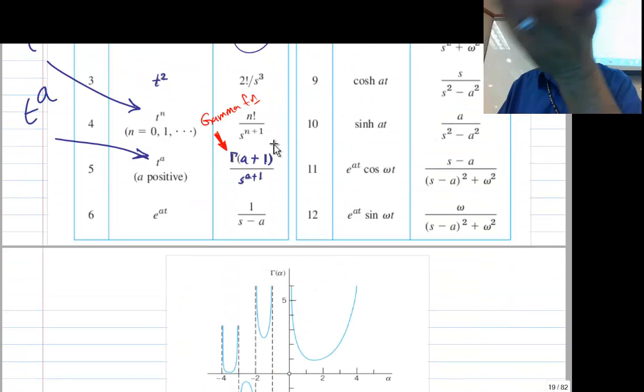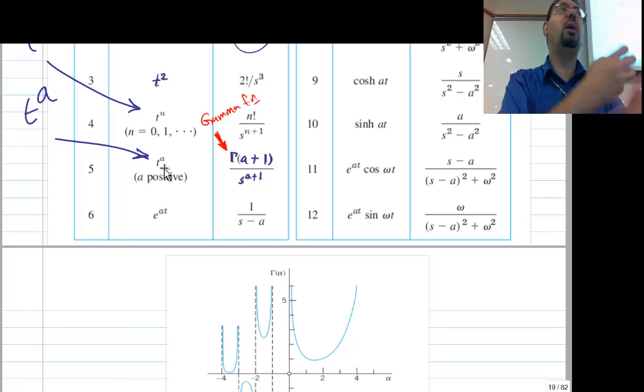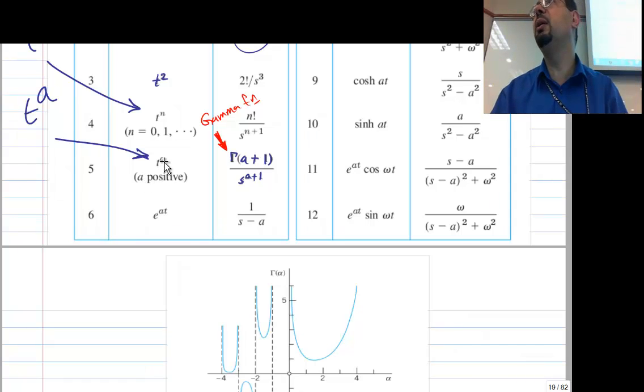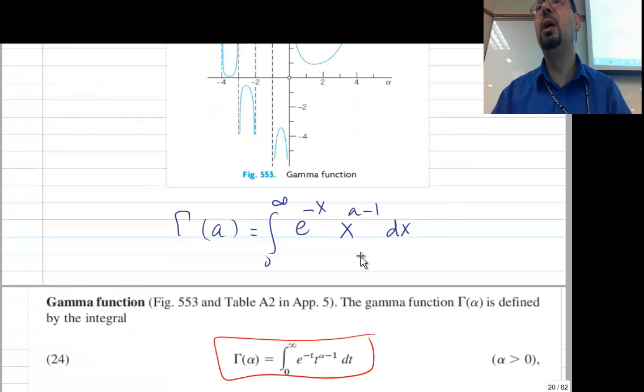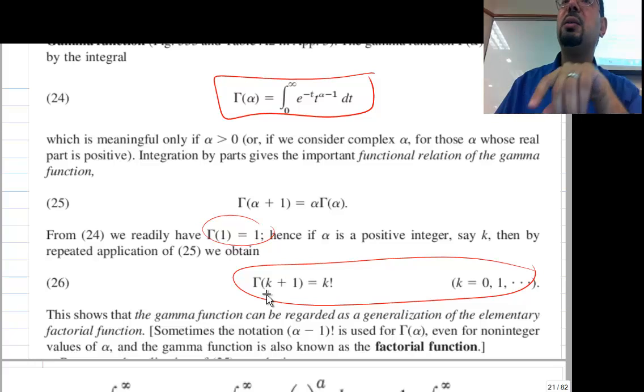And why do we need it in Laplace? Basically, if we end up getting any input function coming into our system, you know, you have a car and the vibration or a force or something, and it's t to the power something, and you want to get the Laplace of something like this, you will have to use the gamma function of a plus 1. There are tables for it, but basically for integers, gamma of k plus 1 is the factorial of k.